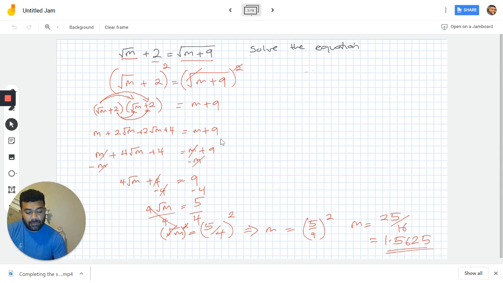Now we need to know whether that value is correct. So what we need to do is just substitute m with 1.5625.